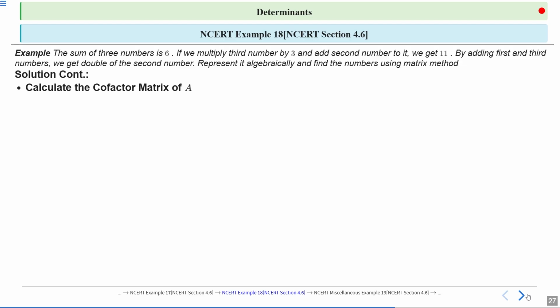To get the inverse of A, at first we calculate the cofactor matrix of A. The cofactor of A is given by (-1)^(i+j) times Mij, where Mij is the minor of the element aij.